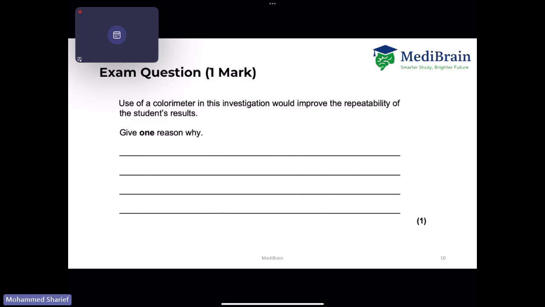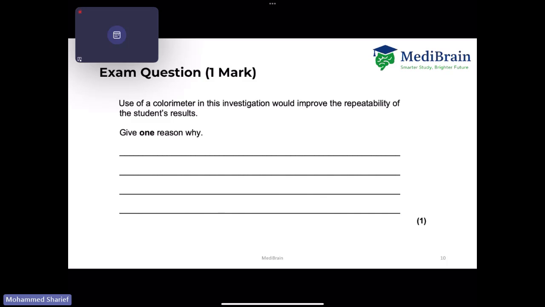So how would we know if this investigation is repeatable? Well, if we use a colorimeter, you've probably realized that it will get you a numerical answer. It will give you a quantitative answer. And because your answer is quantitative, everybody should receive the same answer.